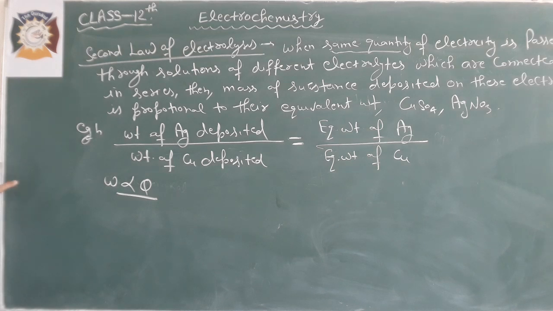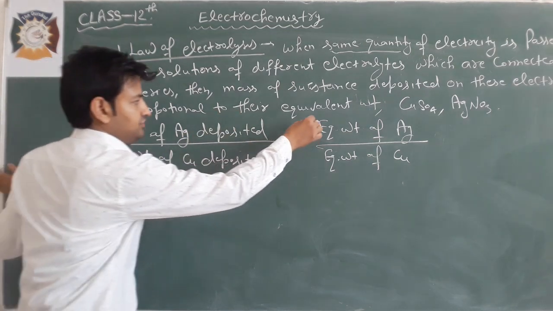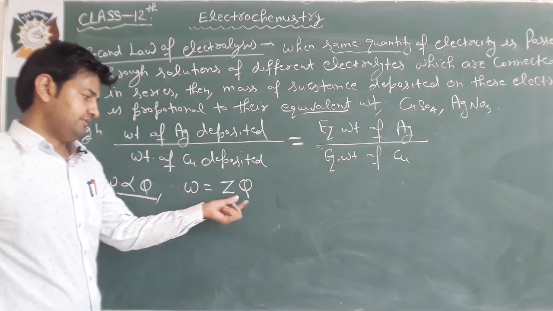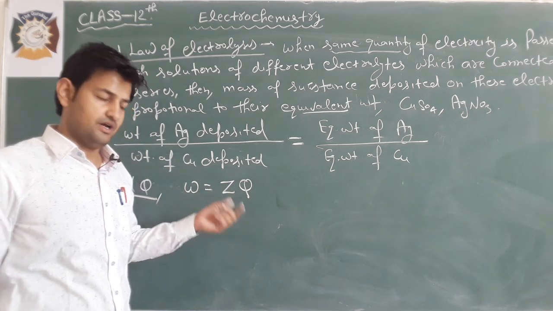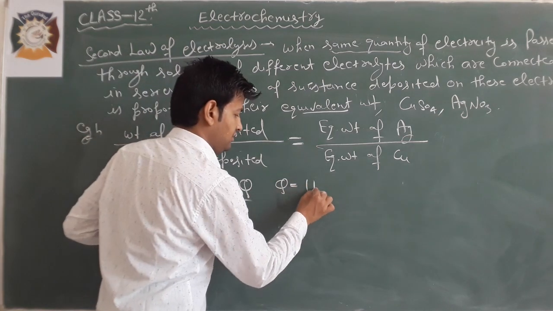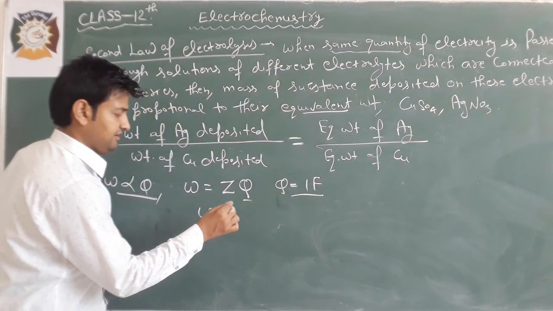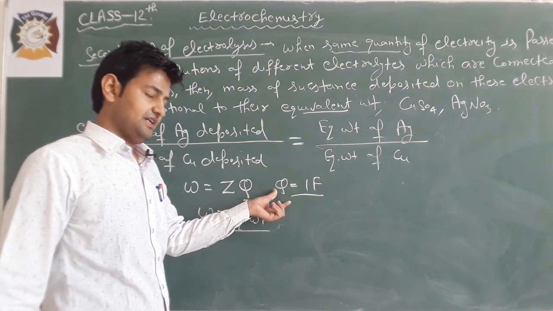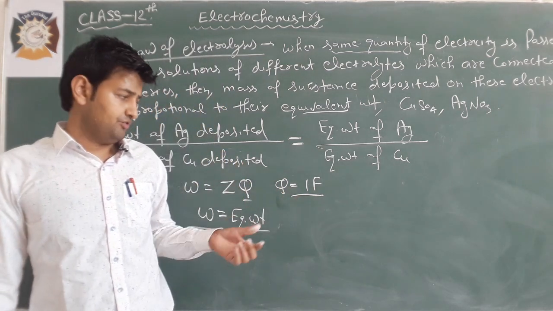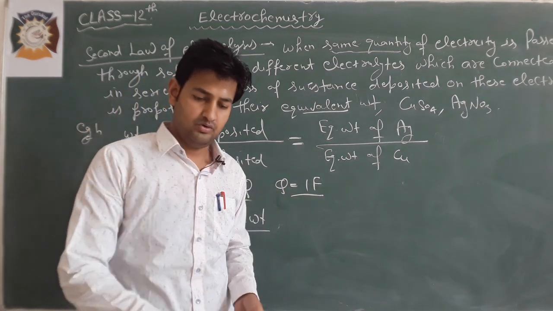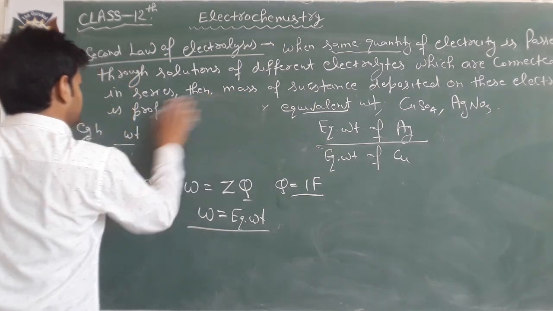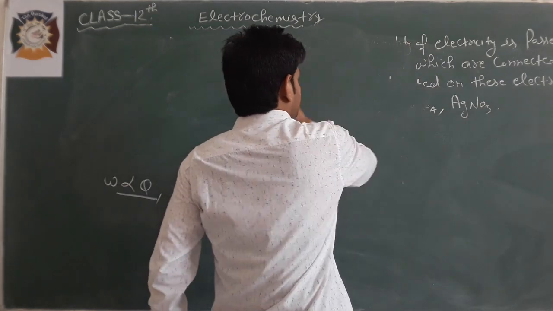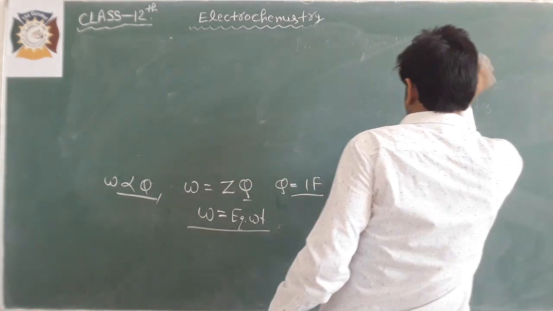According to Faraday's first law, W is equal to Z into Q. If the charge is equal to 1 Faraday, then the weight deposited will be equal to their equivalent weight. 1 Faraday of electricity means the amount of charge of 1 mole of electrons. To understand this phenomenon, we take some examples.